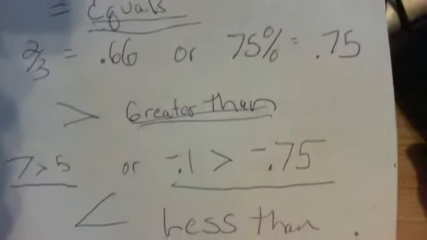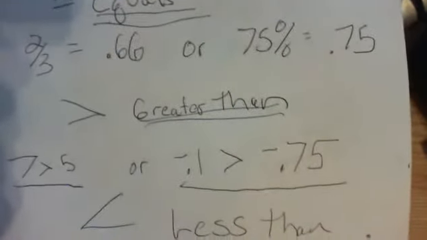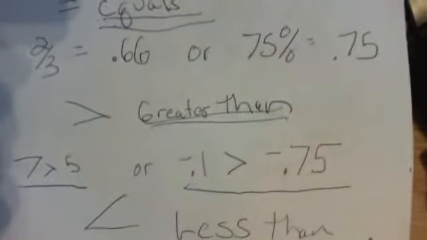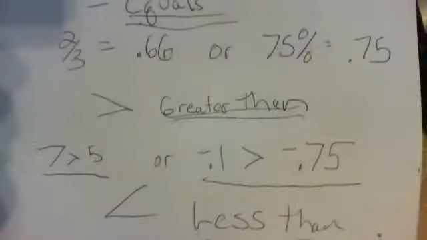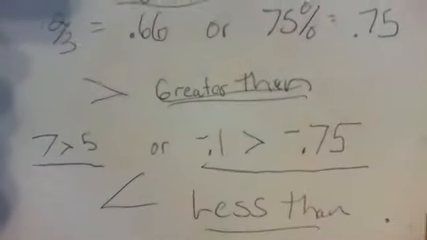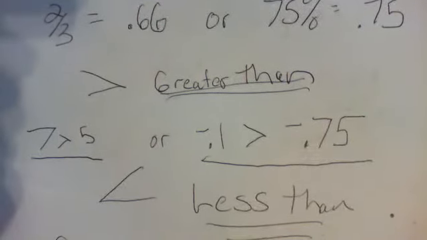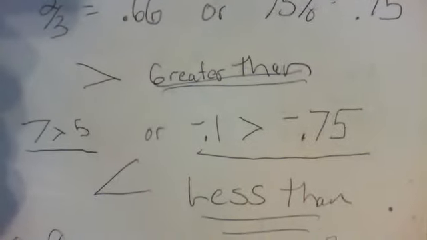In the same way, 75% equals decimal point 75. How do we know? We drop the percentage sign, move 2 spaces to your left, add the decimal point, and you get the same value.